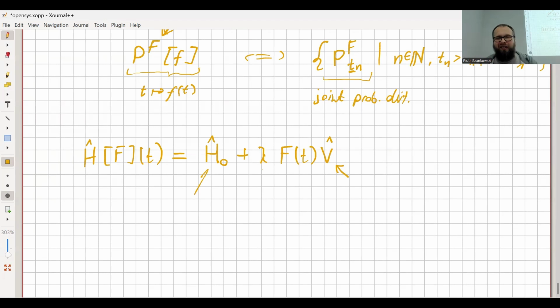The dependence on the stochastic process enters like this: the stochastic process simply multiplies operator V, and lambda would be a coupling strength. You can think of it as a coupling strength.